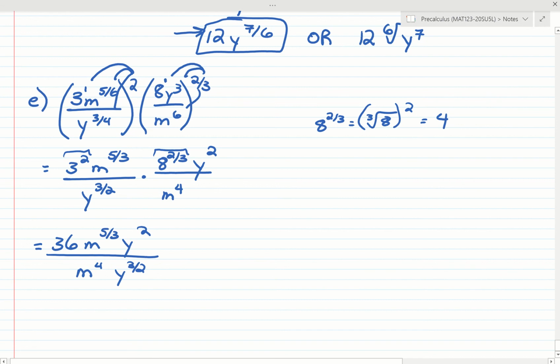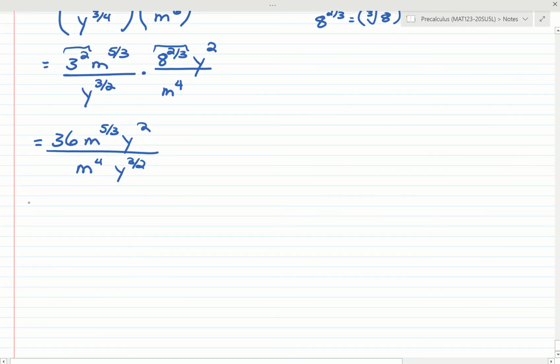Okay, so let's finish this up. We're almost done. Same base, we subtract the powers. So 36 times, and we're going to do 5/3 minus 4. And 5/3 is the same thing as, let's see, we can write 4 as 12/3. So we get negative 7/3.